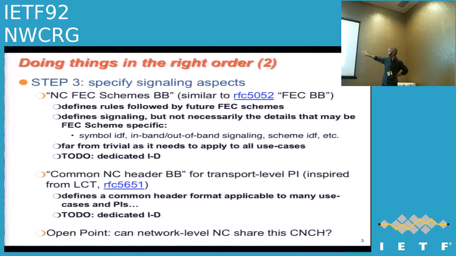Sure. And then there is this part: let's try to have something which is as common as possible. The common network coding header. We try to do something inherited from what was done in LCT, coming from the RMT working group. It's not finished, but I think it is a good start. After discussing with Cedric, it's obvious that it will not answer all the potential use cases, especially if you are considering dedicated embedded systems.